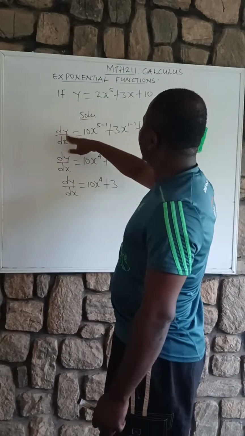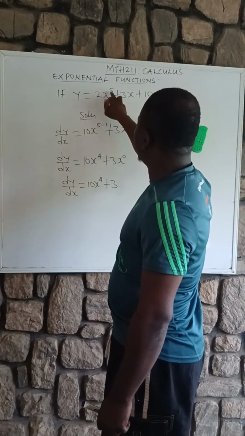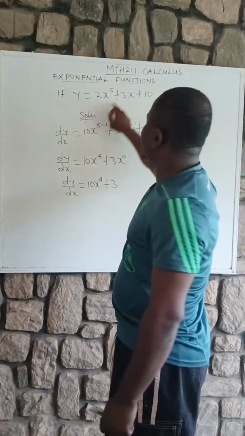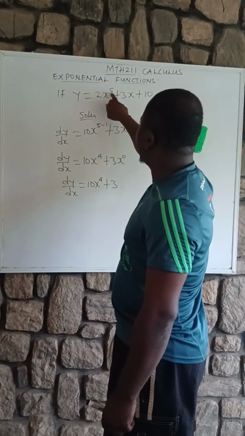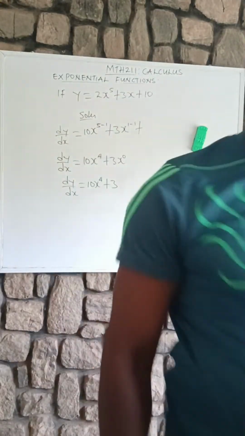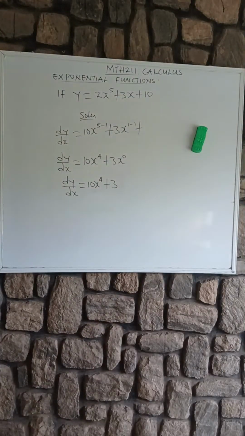So if you differentiate this function, this is your n, true or false? Danzuma, please listen. This is your n, true or false? So use this n to multiply the constant a there, which is what? True or false? Are you following? True or false is true, right?